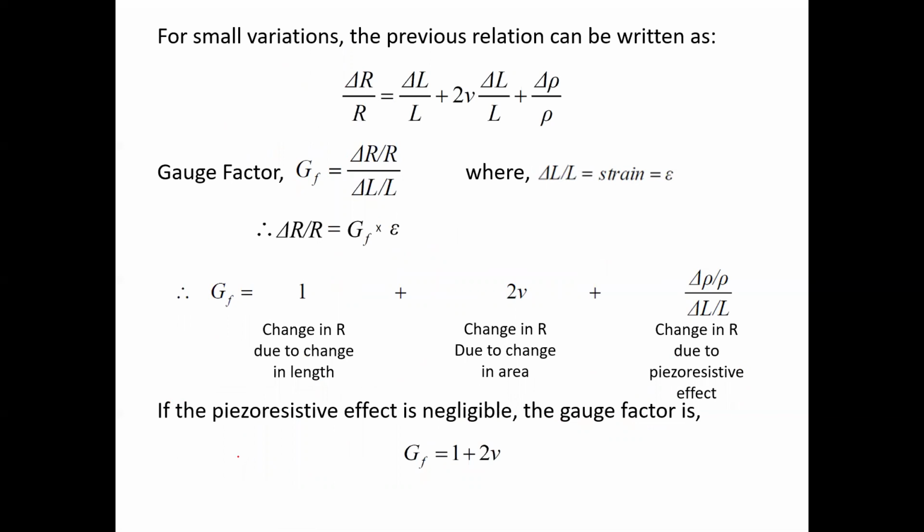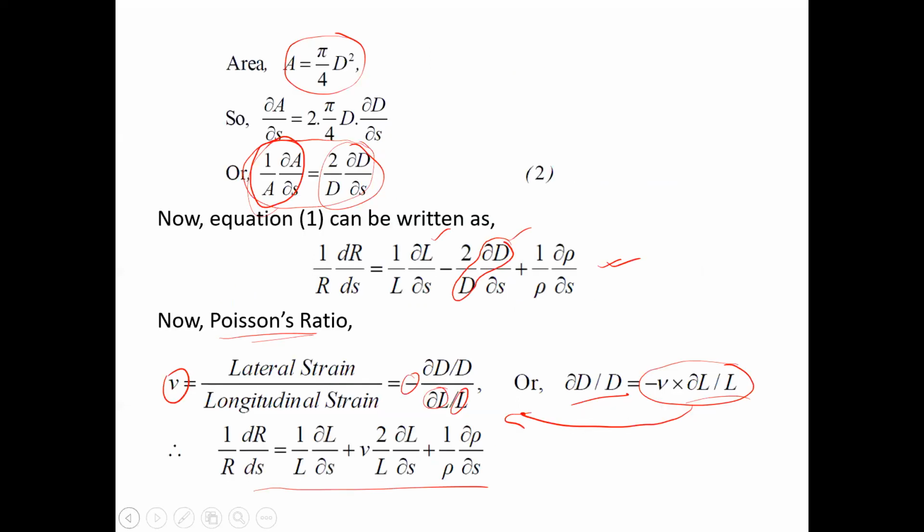In the next slide, the same equation is written in a different way. Just different symbols are used. So in terms of small variations, the same previous equation can be represented as this one. Here dR by dS is representing the change in the quantity.